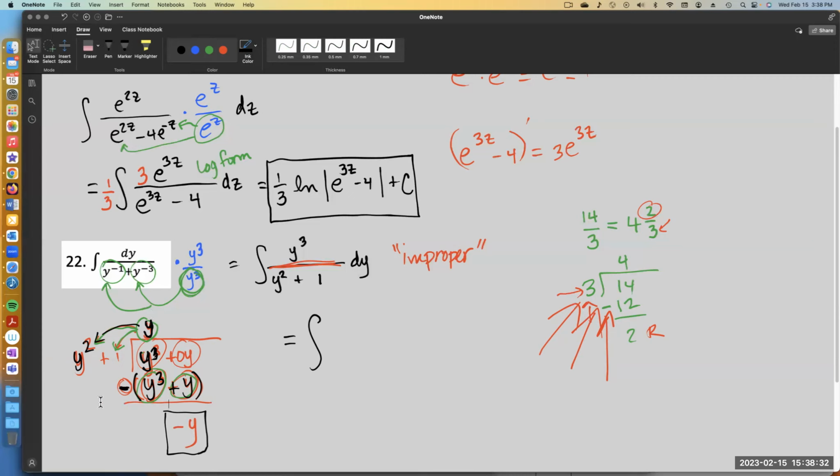This right here is called the quotient. This is called the remainder. And that remainder is going to be put over the divisor, which is also the denominator. So we have y, the quotient, minus the remainder put over the divisor.